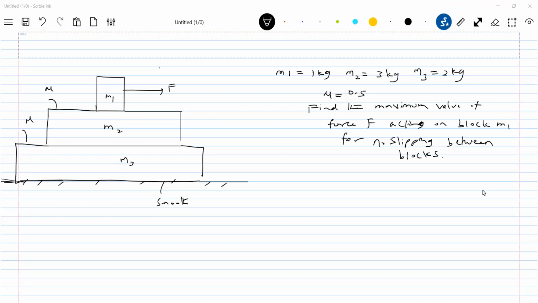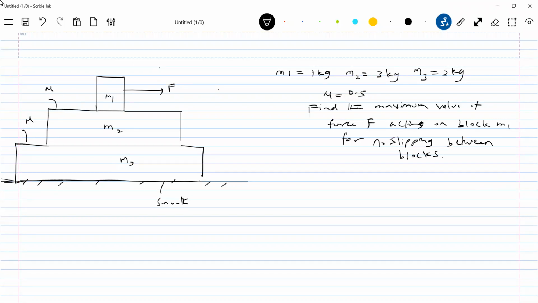This is the condition given for us, where the force is applied to the upper block. So, the maximum value of force F for which no slipping occurs between the blocks.